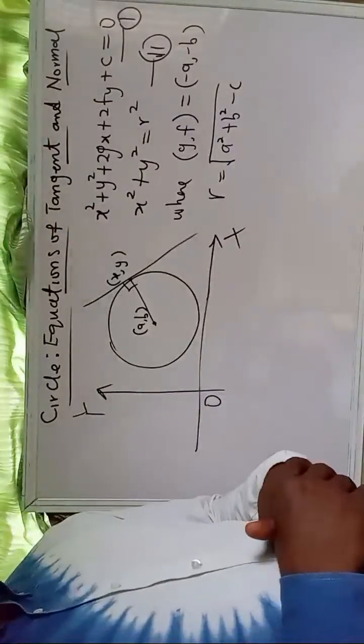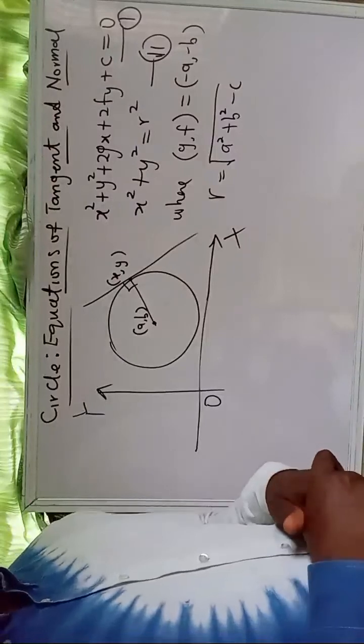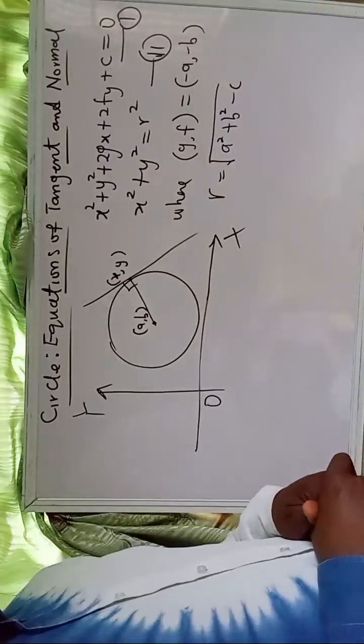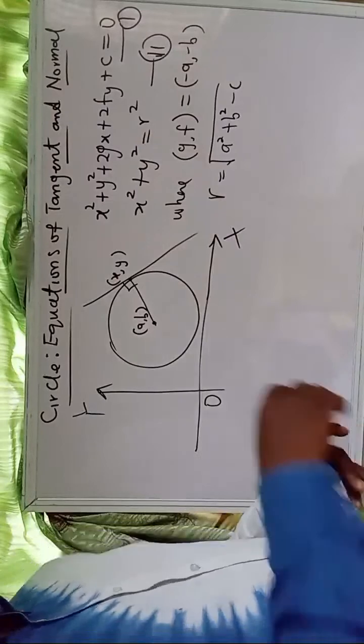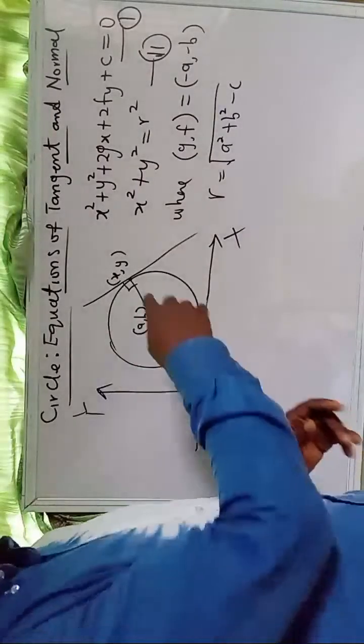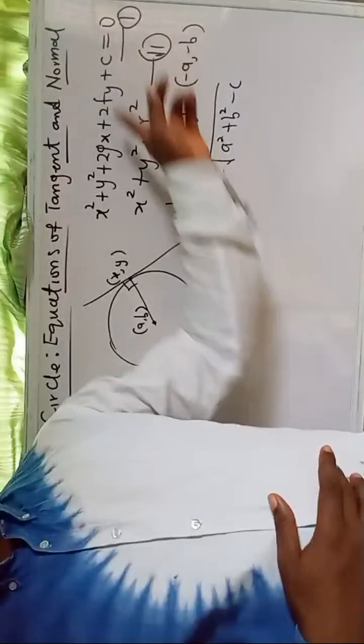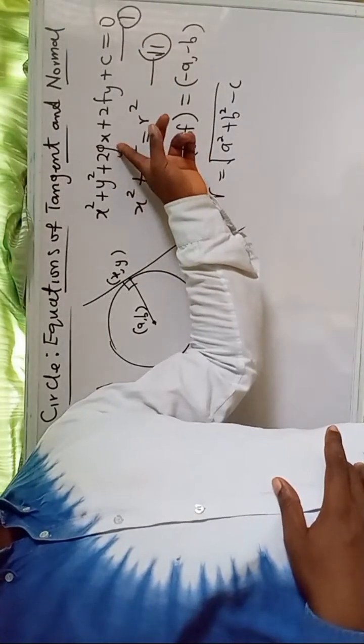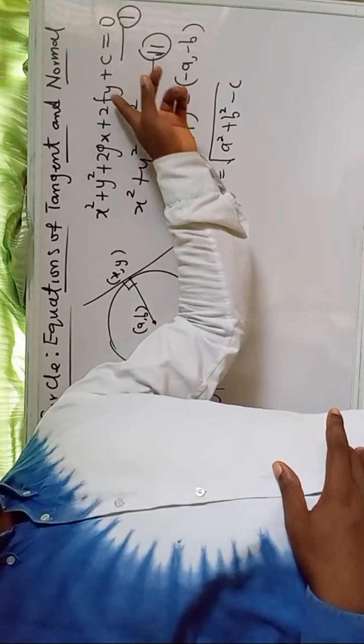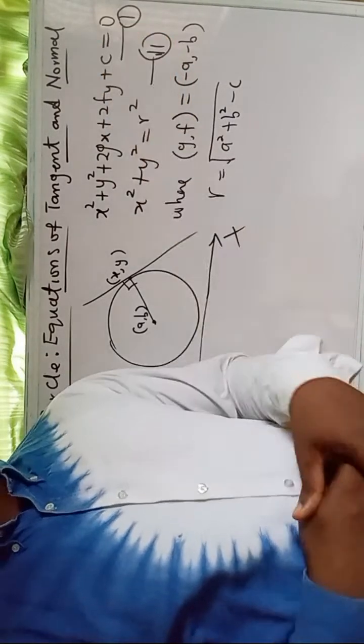You will recall in our last physical class that we talked about the general equation of a circle, which is represented by this equation: x squared plus y squared plus 2gx plus 2fy plus c equals 0.